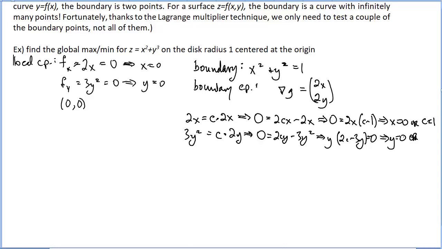Or, this one's a little more complicated, 2c equals 3y, meaning c equals 3y over 2. Okay, so notice that the first equation gives us two possibilities. The second equation gives us two possibilities. So every pairing gives us four possibilities. So we've got four cases. Let's try out each of those cases.